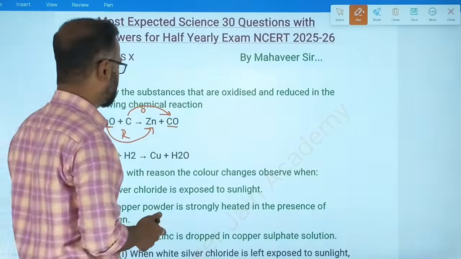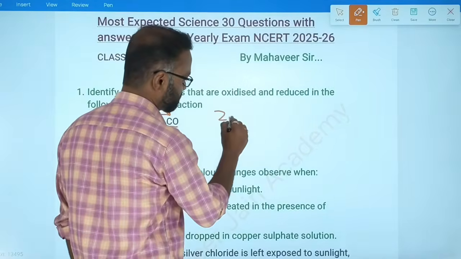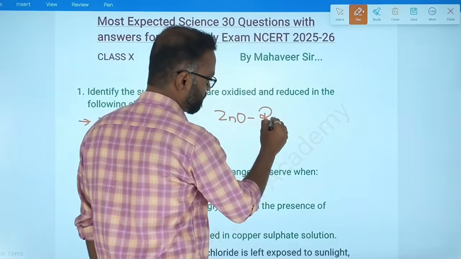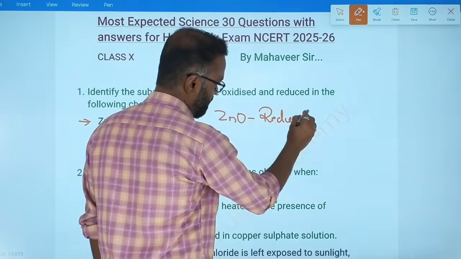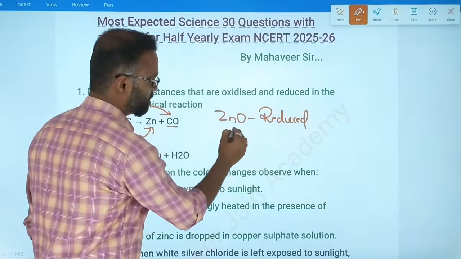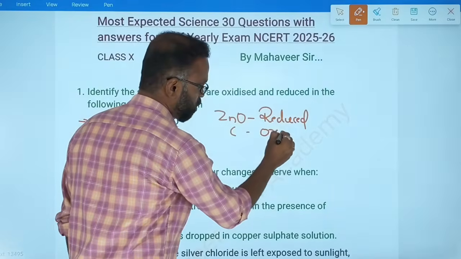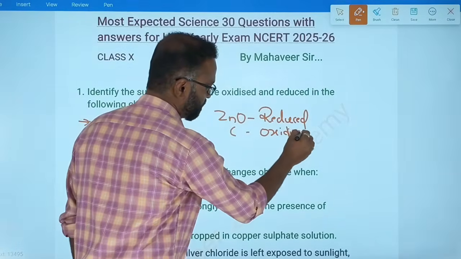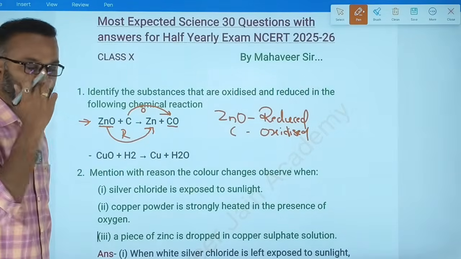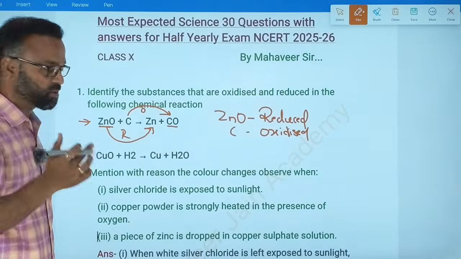So how will you write the answer over here? Zinc oxide is reduced and carbon is oxidized. Do not mention anything from the product side. Always you should mention from the reactant side only, which is reduced and which is oxidized.